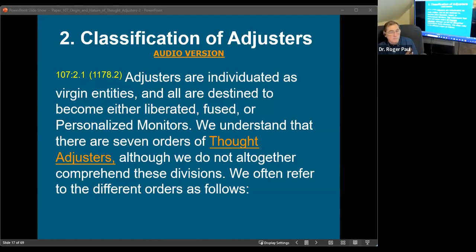Remember that? He became a personalized adjuster. So there are other destinies, and these are called liberated adjusters, and I wanted to point that out. So we're going to go through the 7 orders of adjusters here.